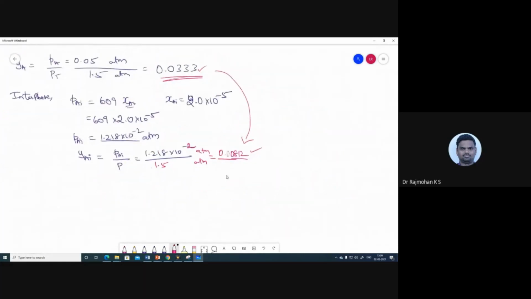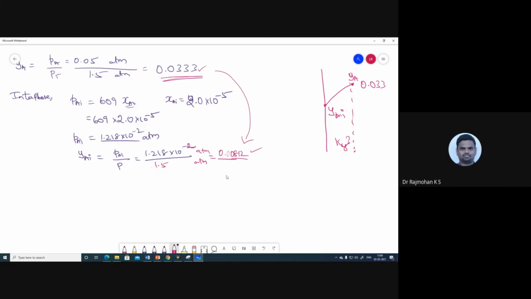So now we know the mass transfer direction. The concentration at the bulk is known, that is 0.033 as the mole fraction. At the interface we have Yai. Across this thin film, the mass transfer coefficient in terms of Y, we will get Ky, right?